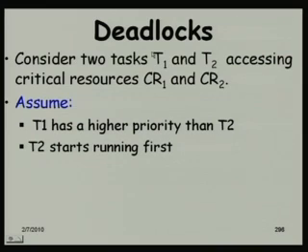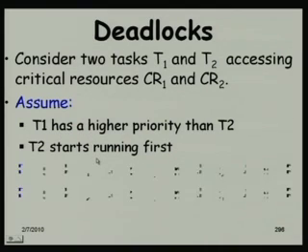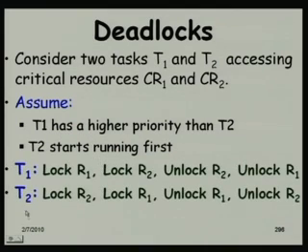Now, first let us look at deadlock. Let us assume that we have two tasks T1 and T2 that are accessing the resources CR1 and CR2, and let us assume that T1 has higher priority than T2 and T2 starts running first. So, T2 is the lower priority, T1 is the higher priority.